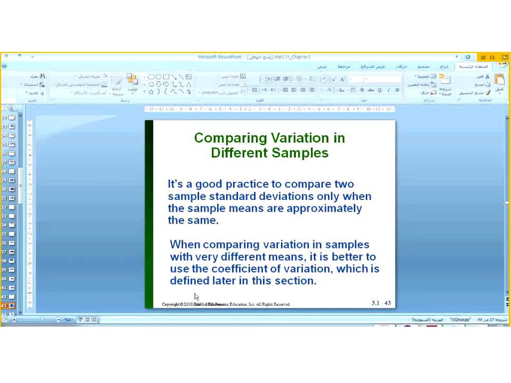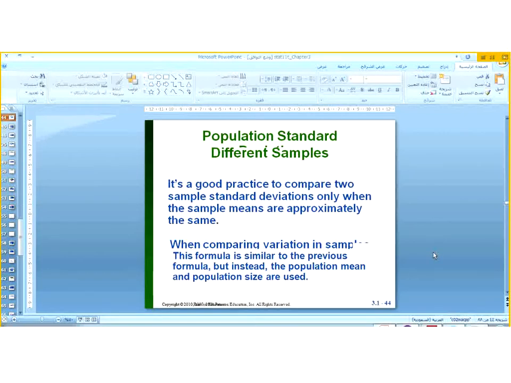But if the means are not equal, I can't use the standard deviation. In this case, when comparing variation in samples with very different means, it is better to use the coefficient of variation. Inshallah, today we will learn the meaning of the coefficient of variation, which is defined later.